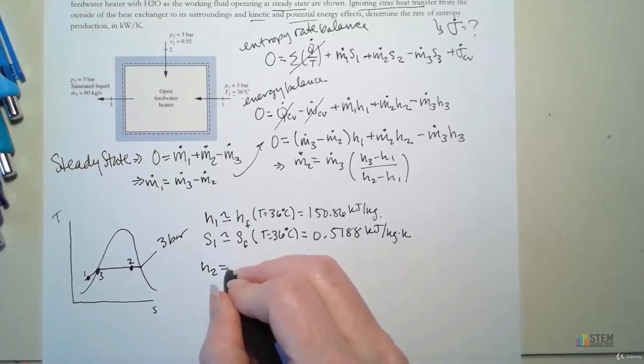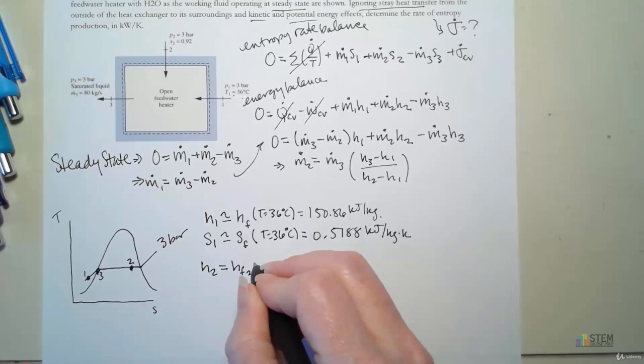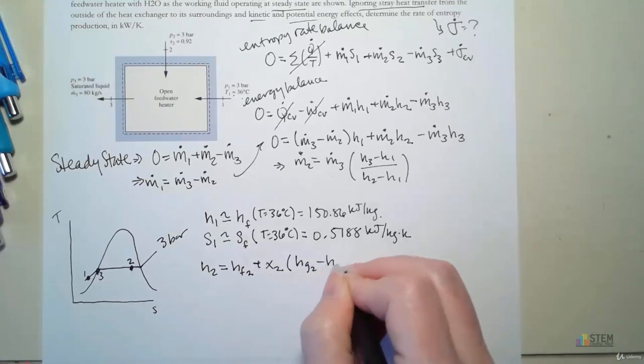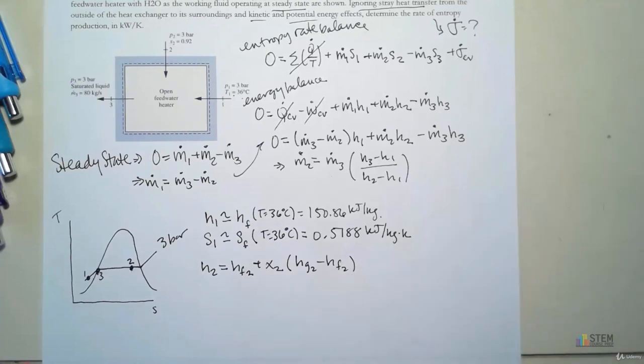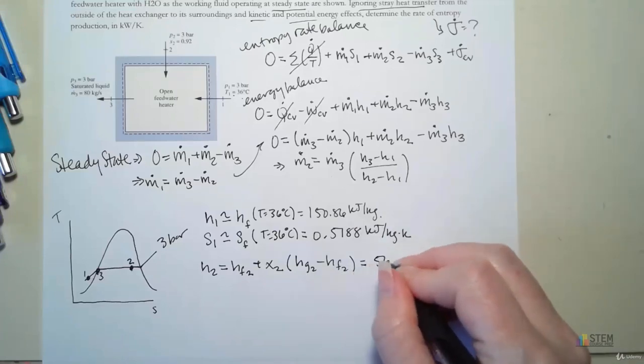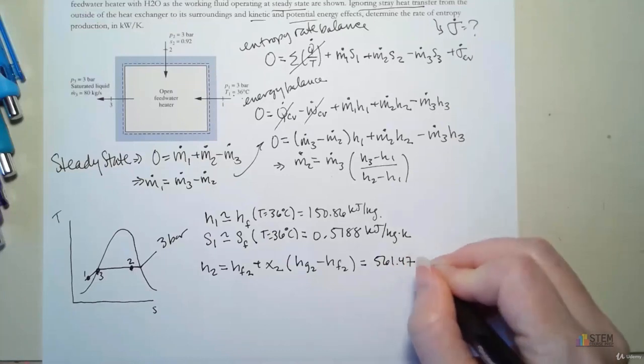So h2 is going to be equal to hf2 plus the quality times hg minus hf. So hf and hg are found in the table. You've got that pressure given, so look up 3 bar, go to the right, find these two values. If you do that, you get 561.47 for hf.